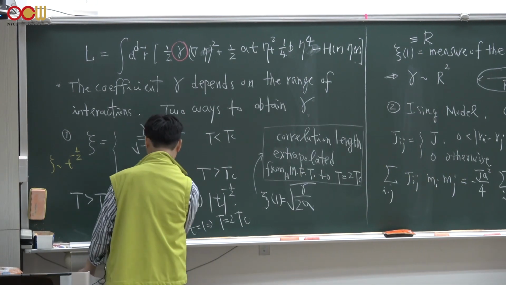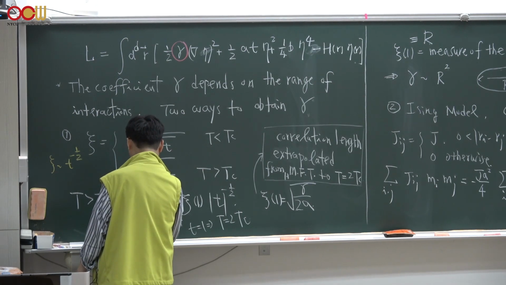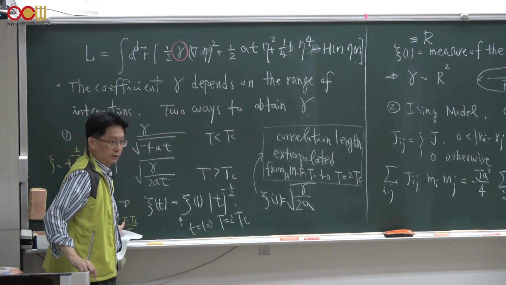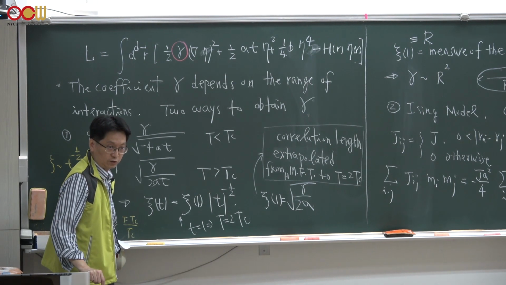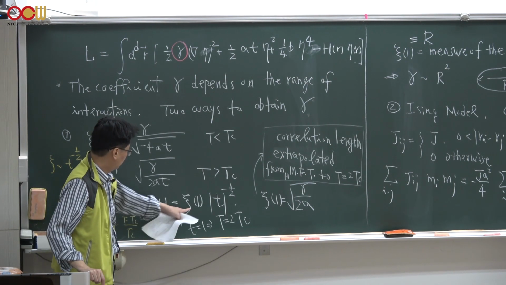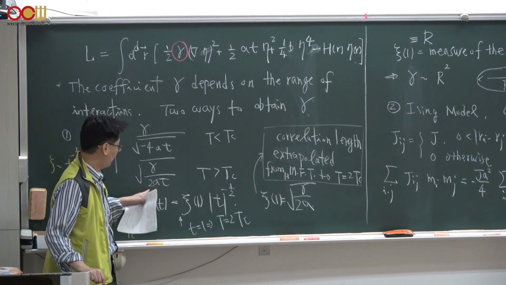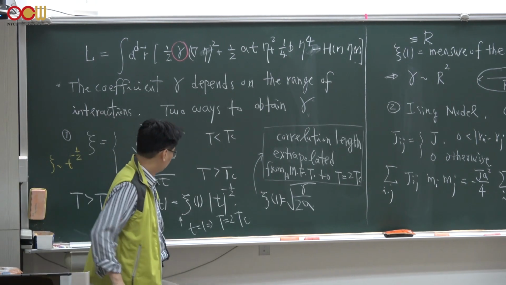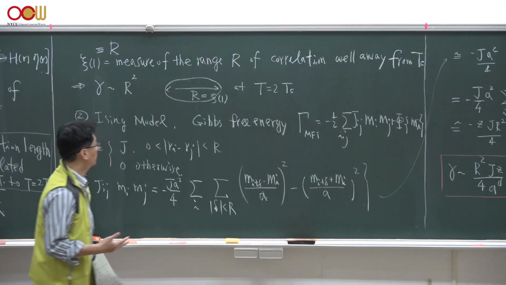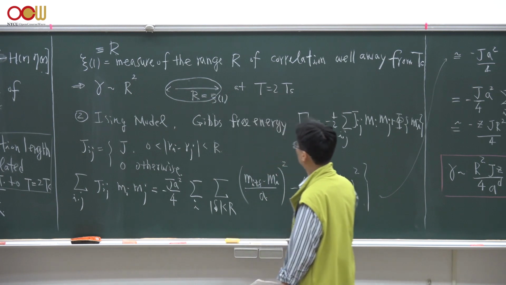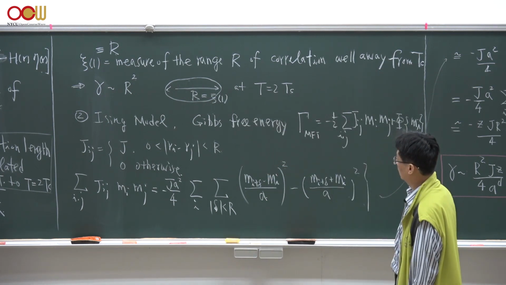Little t is T minus Tc divided by Tc, so when the temperature is 2 times Tc, little t is 1. So we can rewrite this prefactor as Xi of 1, which has a physical interpretation: the range of the correlation well away from the critical temperature.